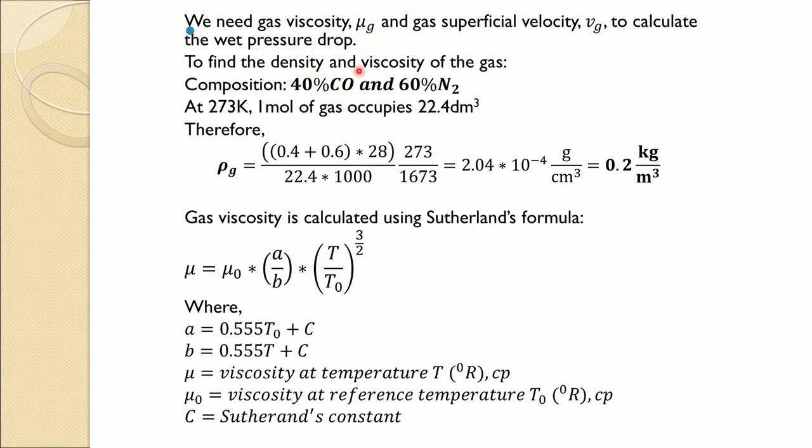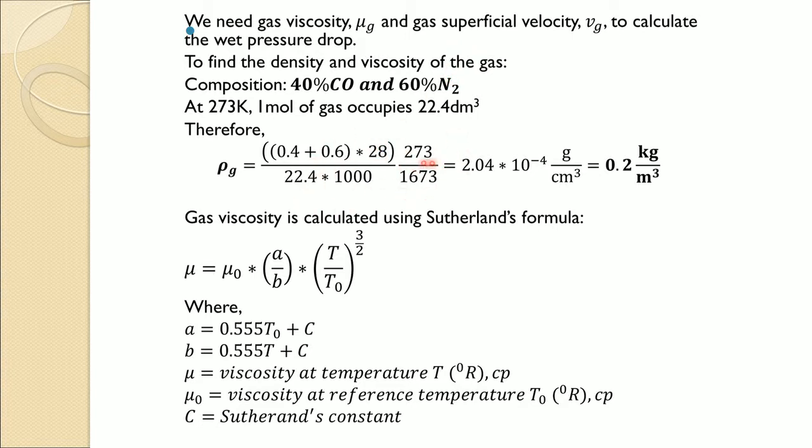So, to find the density and viscosity of the gas, density is not given. So, at that temperature we have to find the density of the gas, and this we have done previously in many of the examples. So, that should not be a problem, as you know 1 mole of gas occupies 22.4 decimeter cube. So, rho g is given with the fraction we know of this, and both of them have molecular weight 28.